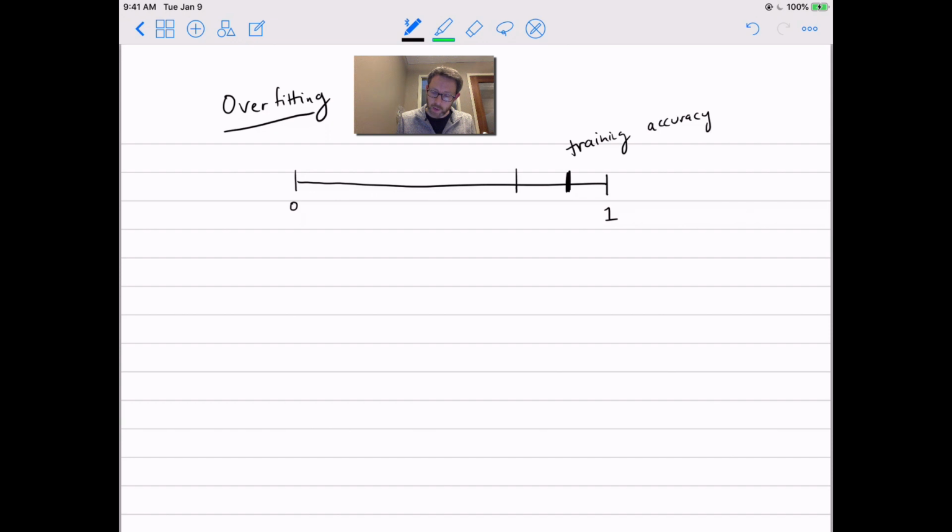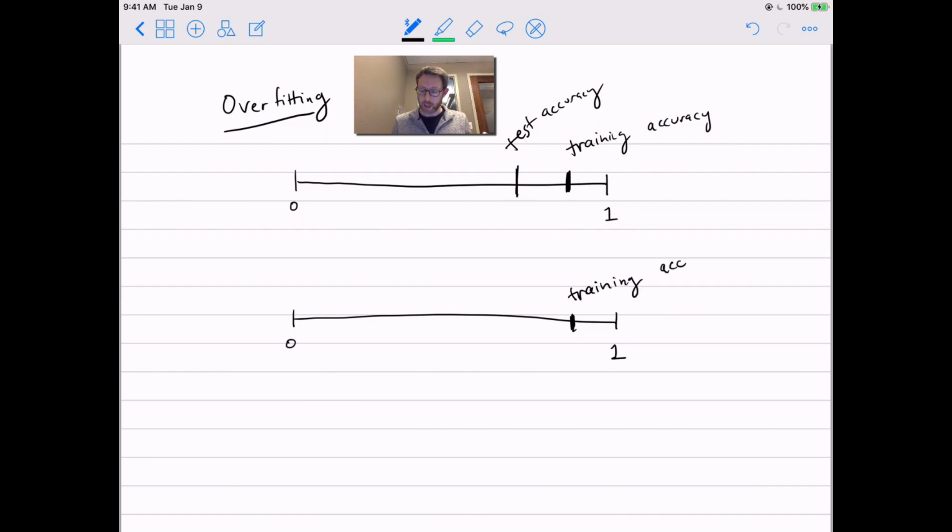All right, and then if your test accuracy is not too far away, typically your test accuracy will be lower because this is data that it's never seen before. It's like when you take the final at the end of your class and there's a question that you feel just a little unfair because it wasn't really covered in the class. But that's just life for poor little classifiers.